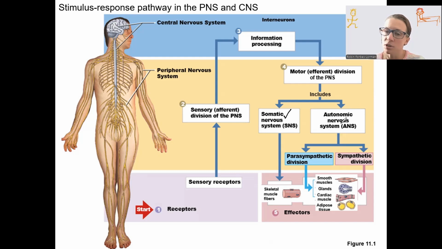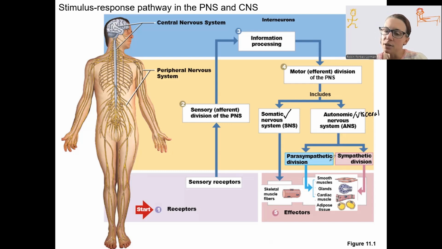So now we're on to the last division of the nervous system. The last functional division is the autonomic nervous system, also called the visceral, so same thing. It controls the viscera. So it doesn't control skeletal muscle, it controls smooth muscle, glands, cardiac muscle, and also adipose tissue.